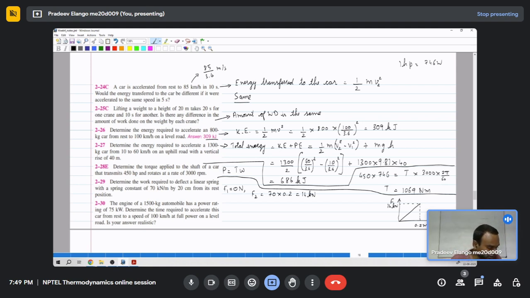To find the area under this curve, we can take the area of the triangle, and that is half into 14 kilonewtons into the distance 0.2. So work done can be completed.